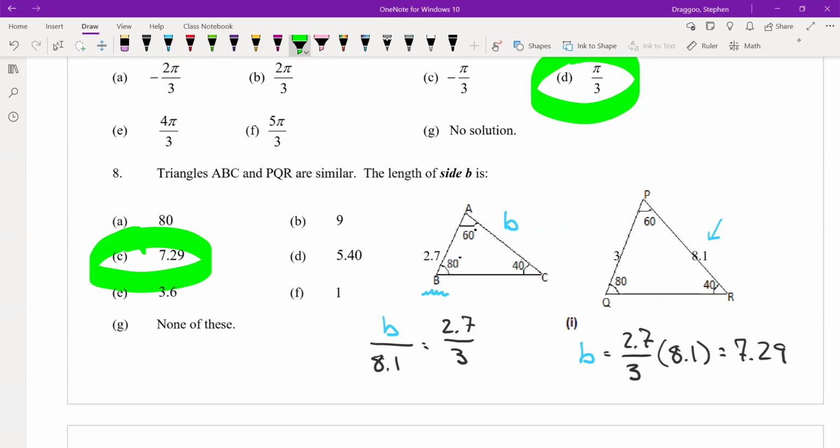The 2.7 is in the same triangle as B is, so it stays on top. 8.1 and 3 are both in PQR, so I put both of those on the bottom. It does not matter specifically which triangle goes on top, as long as you're consistent between the two fractions. I usually like to put the thing that I'm solving for on top, because it just makes my work a little bit easier.